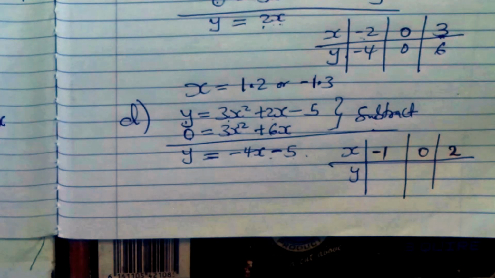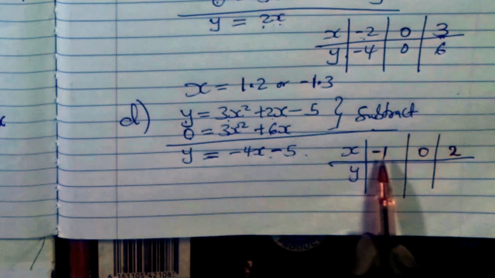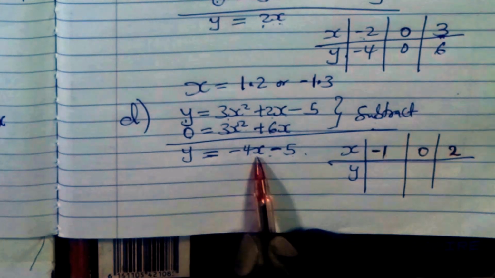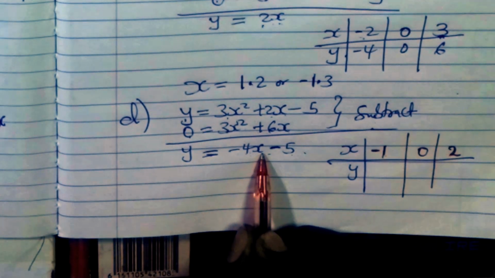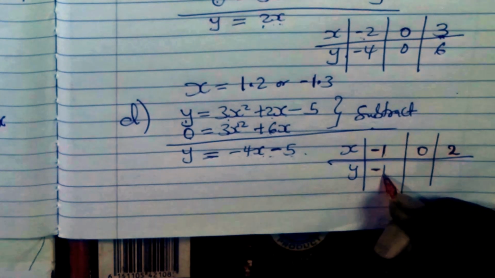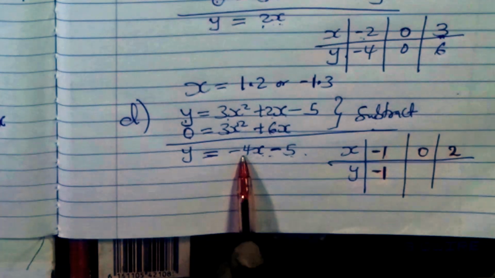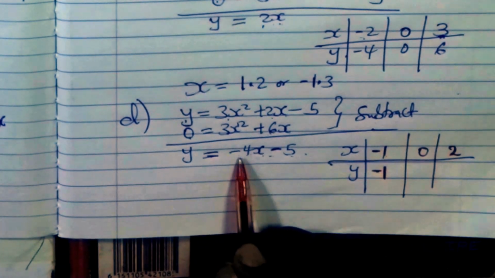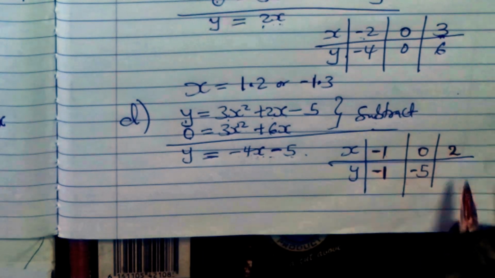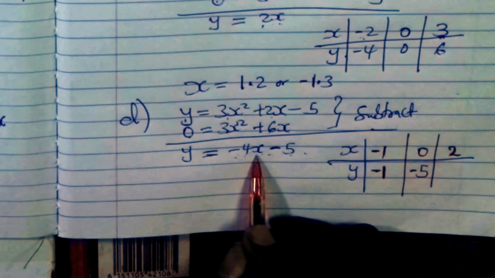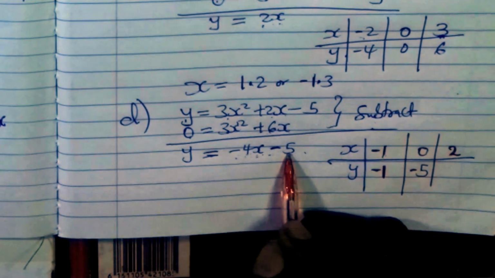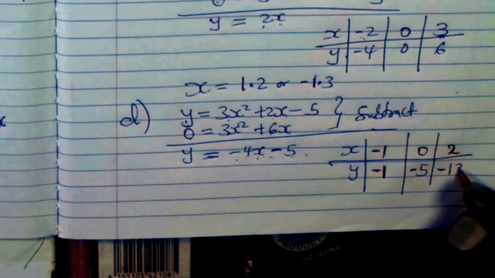So when x is minus 1, we substitute here minus 4 times minus 1, that is 4. 4 minus 5, that will be minus 1. Then when x is 0, minus 4 times 0, 0 minus 5, so we have minus 5. When x is 2, minus 4 times 2, that is minus 8. Minus 8 minus 5, that is minus 13.